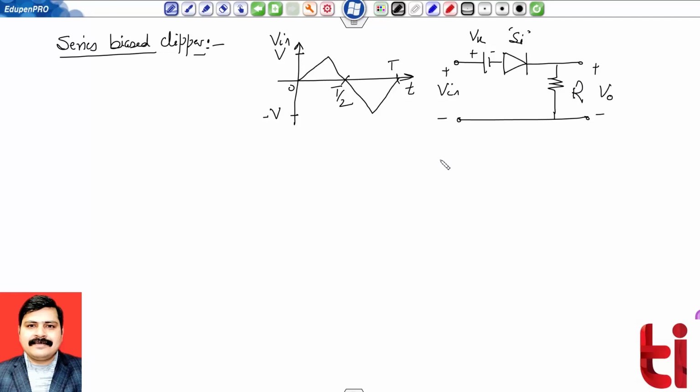Okay, so you can check as the DC battery is available over here. So this is my bias clipper, which I have also mentioned over here. As the diode element is connected in the series arm, so this is my series clipper.